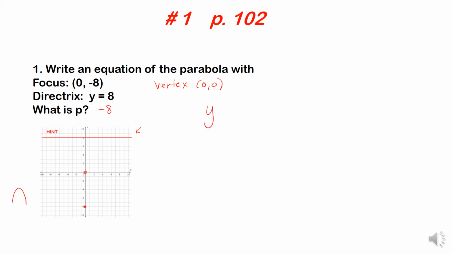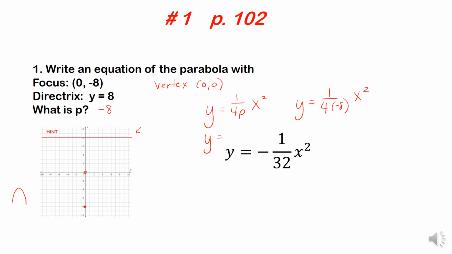So I'm going to take this formula, y equals 1 over 4p x squared, and I'm going to plug in the p, so y equals 1 over 4 times -8 x squared, and so my formula is y equals -1 over 32 x squared. Now this works when you have the vertex of (0, 0). It's really easy to do it this way. On more complicated ones, you may want to use the distance formula.